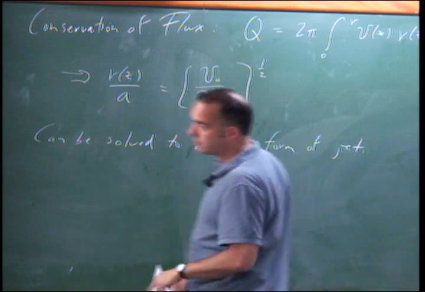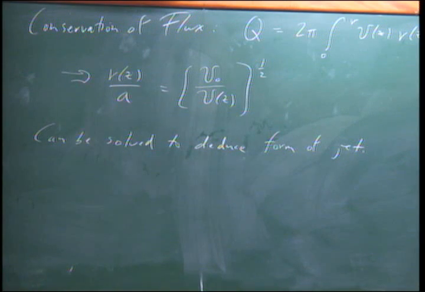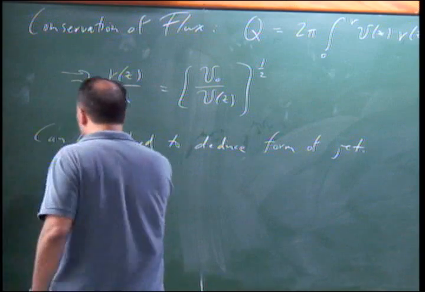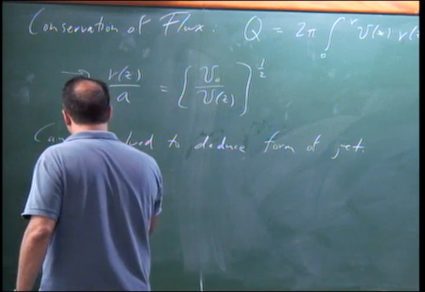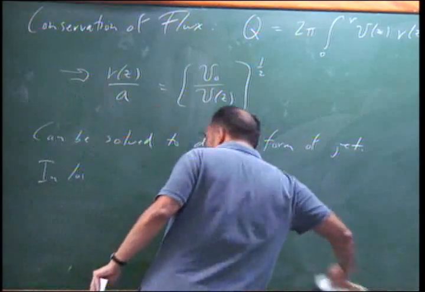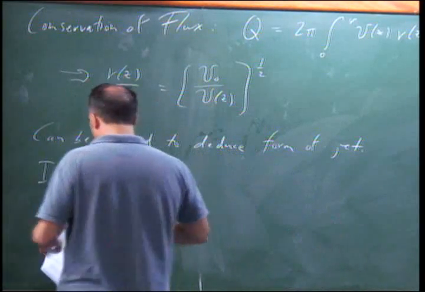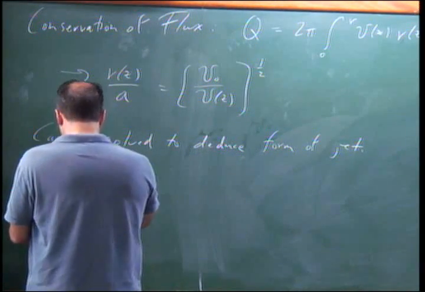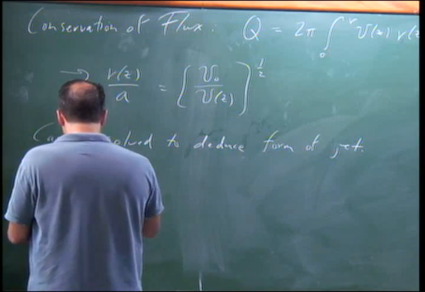Okay, notice this has R in it. So we have to invert, but we can solve that. And let's just look in the high Weber number limit, where inertia dominates and surface tension isn't particularly important.